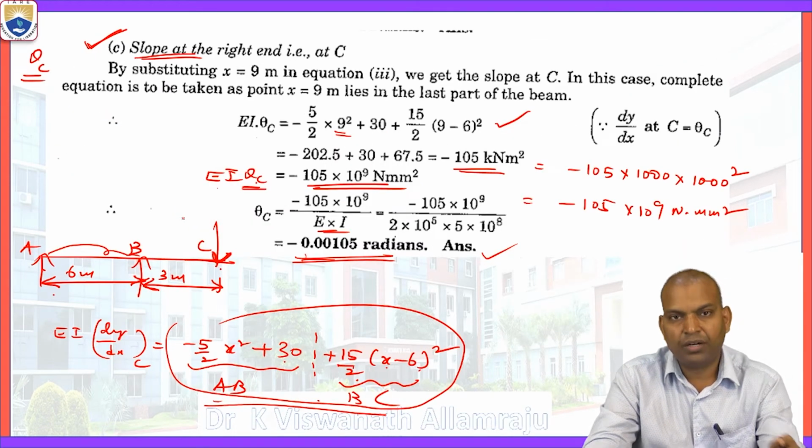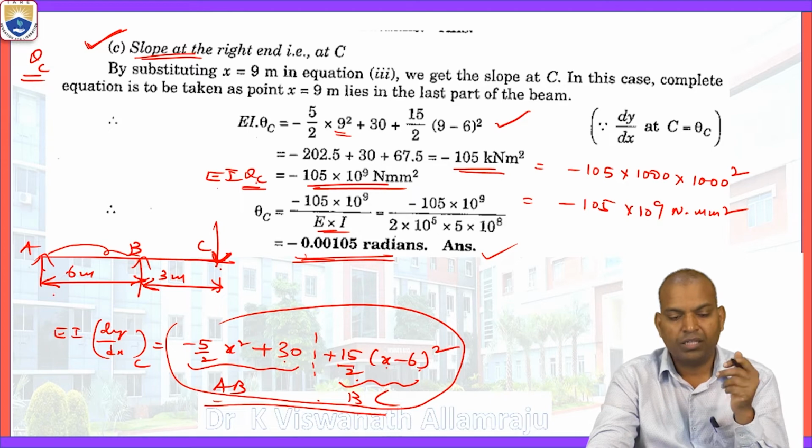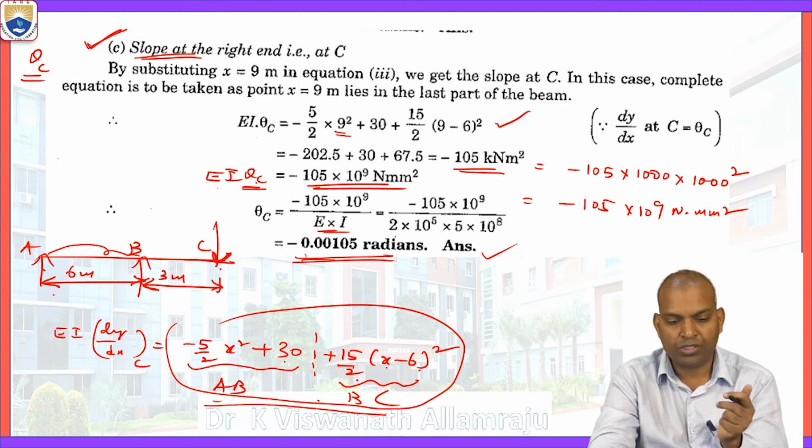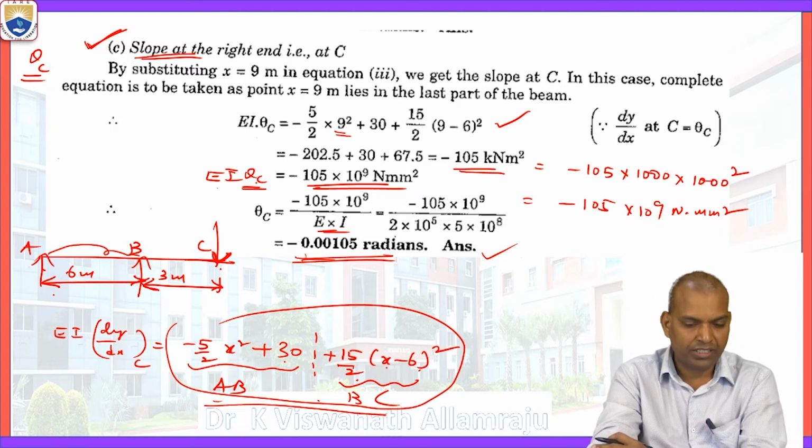So this is the effect on the deflection curve. If you draw the deflection curve, at support A it is positive, and at B and C it is negative.